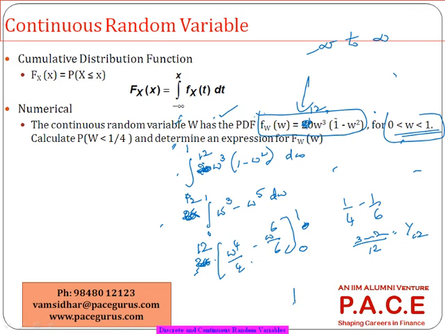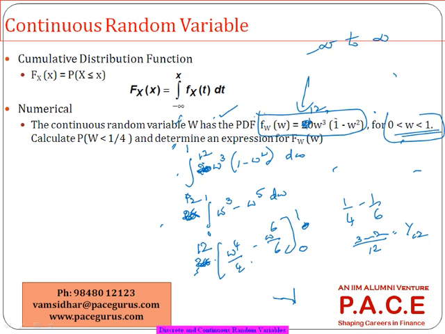Then you can say that this is a probability distribution function itself, because the main rule for a probability distribution function is that the sum of all the probabilities should be equal to 1. In case of continuous, instead of saying sum of all probabilities, we say integration of all possible probabilities. Sum is nothing but integration in a continuous case.